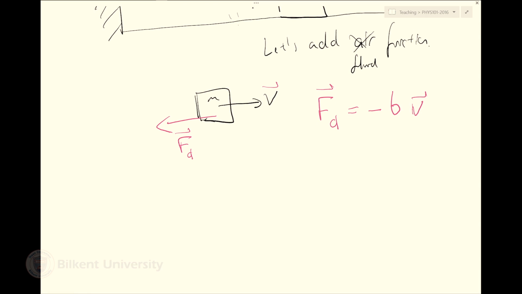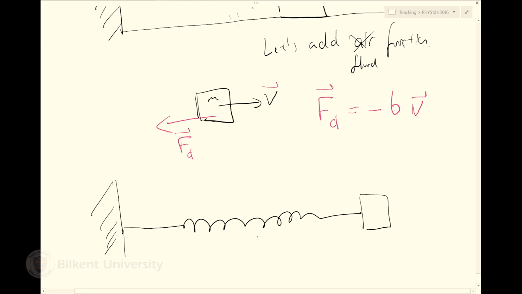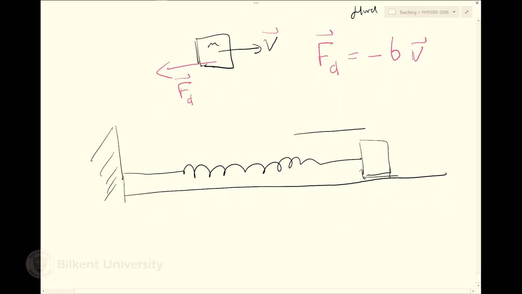that's the force. So let's try to write down Newton's equations. If my spring is stretched by x of t, and it's going right with velocity v of t, what are the forces acting on it?